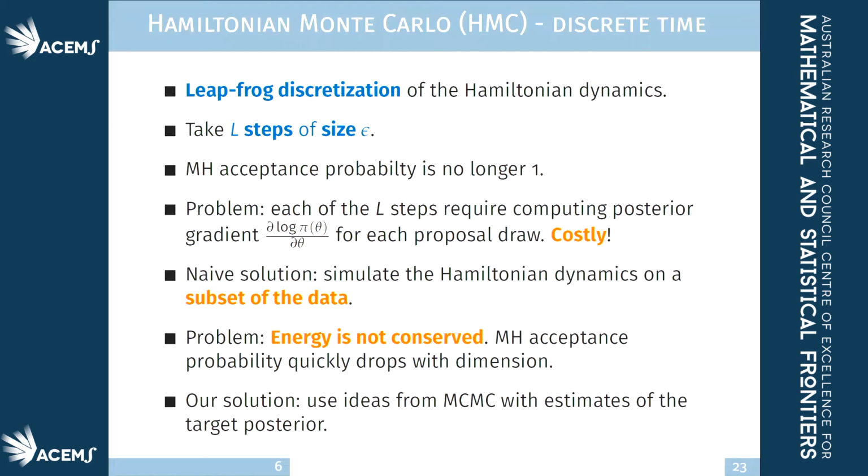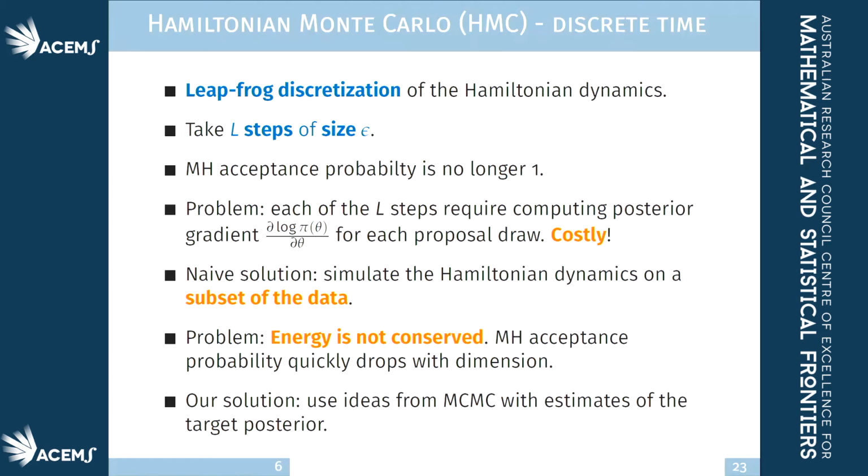So it's expensive. One naive solution is to do the Hamiltonian dynamics on a subset, and then when you reach the endpoint of the dynamics, you plug it into the Metropolis-Hastings.